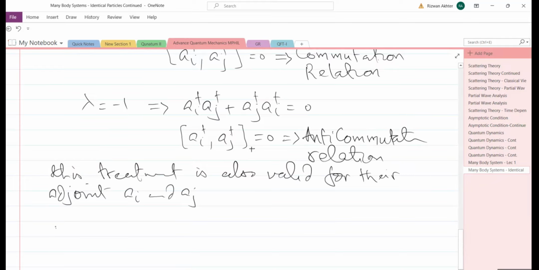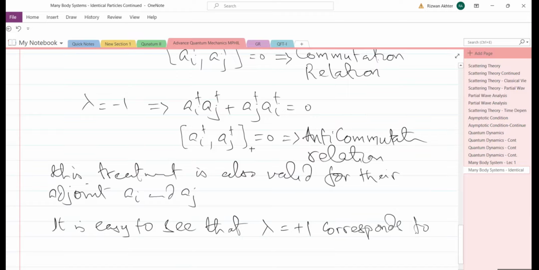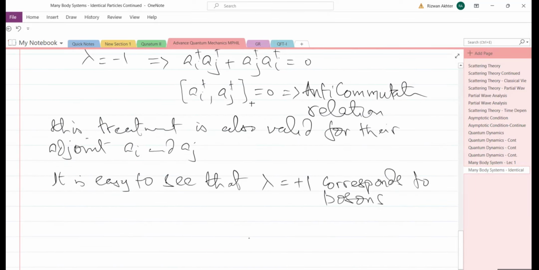So we could write it. It is easy to see that lambda is equals to plus 1 corresponds to bosons and lambda is equals to minus 1 corresponds to fermions.